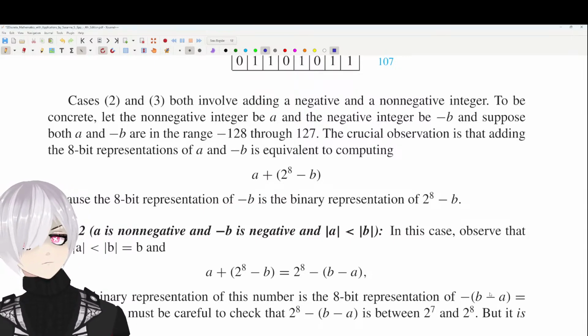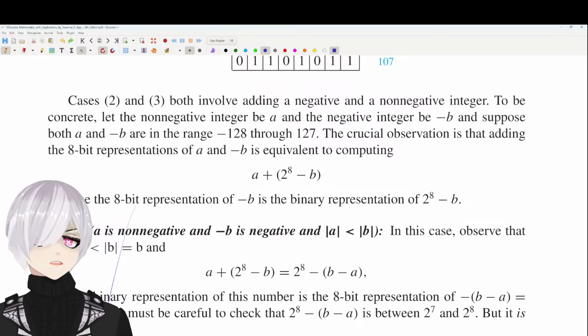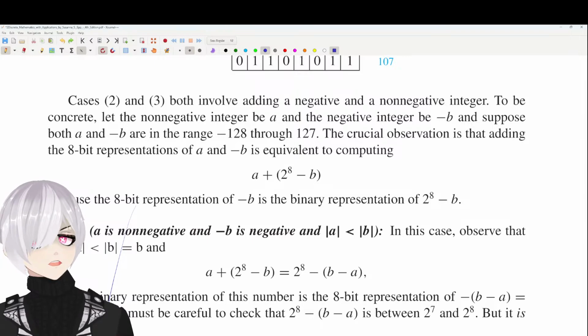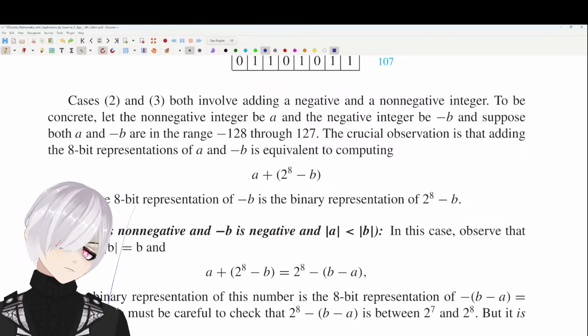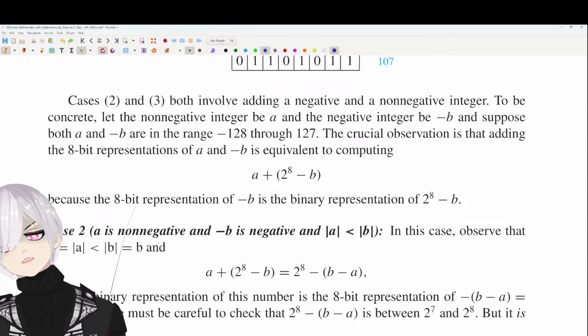Cases 2 and 3 both involve adding a negative and a non-negative integer. To be concrete, let the non-negative integer be a and the negative integer be negative b. And suppose that a and negative b are in the range negative 128 through 127. The crucial observation is that adding the 8-bit representation of a and negative b is equivalent to computing a plus the 2's complement of negative... No, that would be the 2's complement of b.